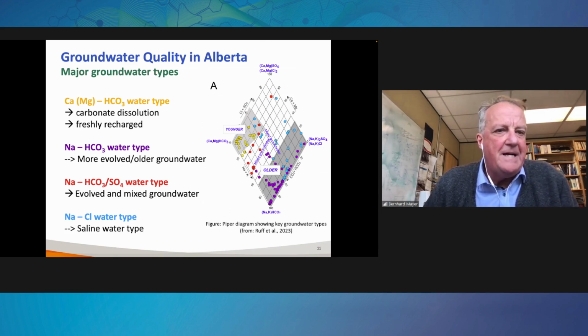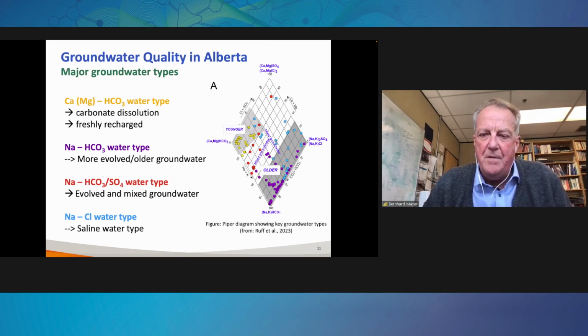In yellow, calcium magnesium bicarbonate water, which comes from carbonate dissolution and plots on the left-hand side of the Piper diagram. Then we find sodium bicarbonate water, which plots in the purple symbols at the bottom of the Piper diagram. And quite frequently, we also find sodium bicarbonate water which has sulfate mixed in, which is a mixed water type on the Piper diagram.